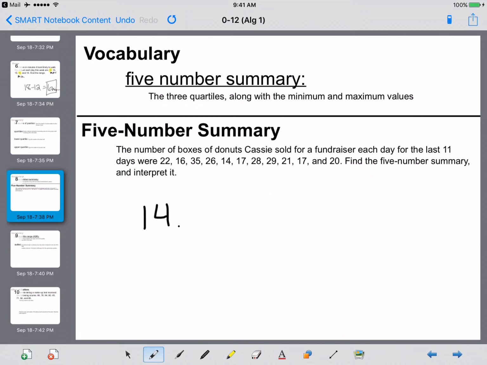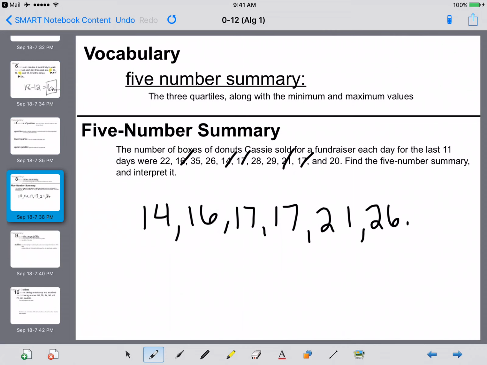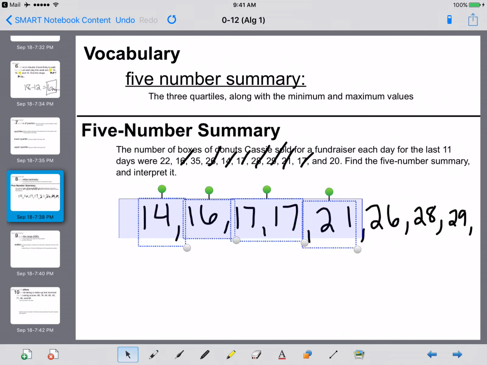So I see 14 there being the smallest, 16, 17 shows up twice, 21, 26, 28, 29. I wonder if I can do this.